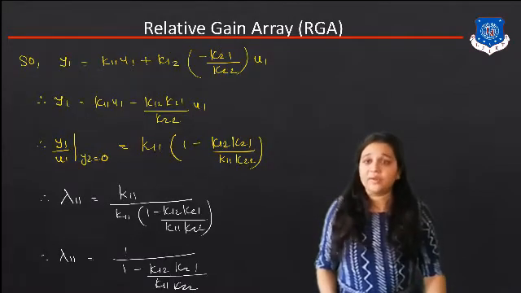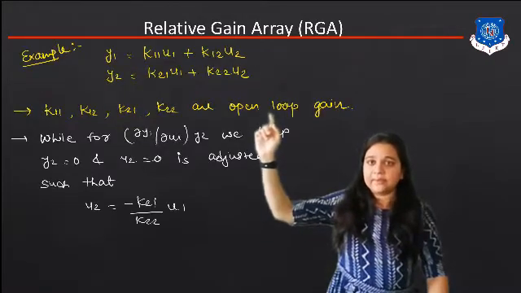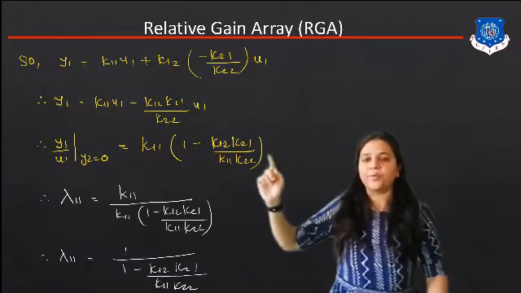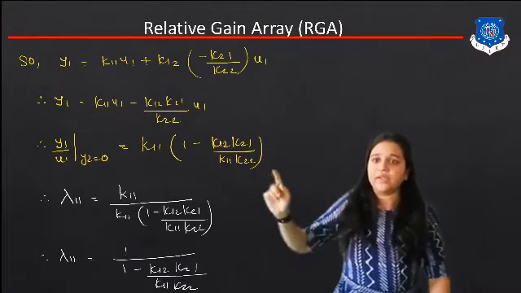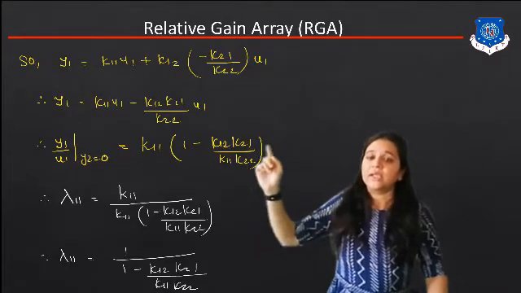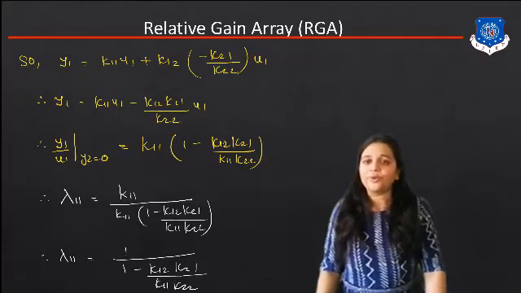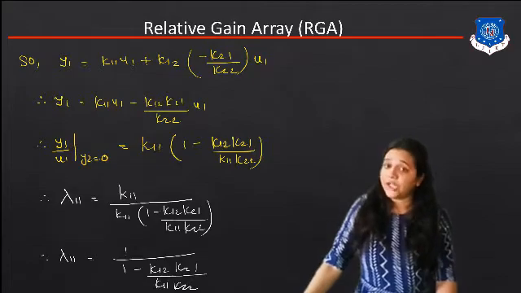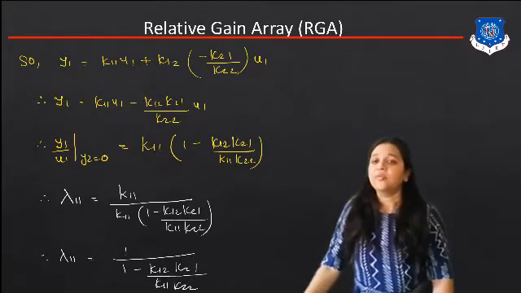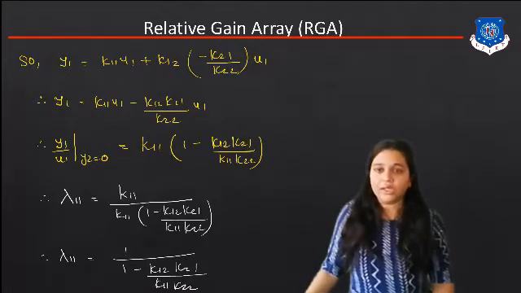So y1 is equal to k11 u1 plus k12 as it is, and we can put u2 equal to minus k21 upon k22 u1. So we get y1 equal to k11 u1 minus k12 k21 upon k22 u1. So y1 upon u1, where y2 is equal to 0, is equal to k11 times bracket 1 minus k12 k21 upon k11 k22.